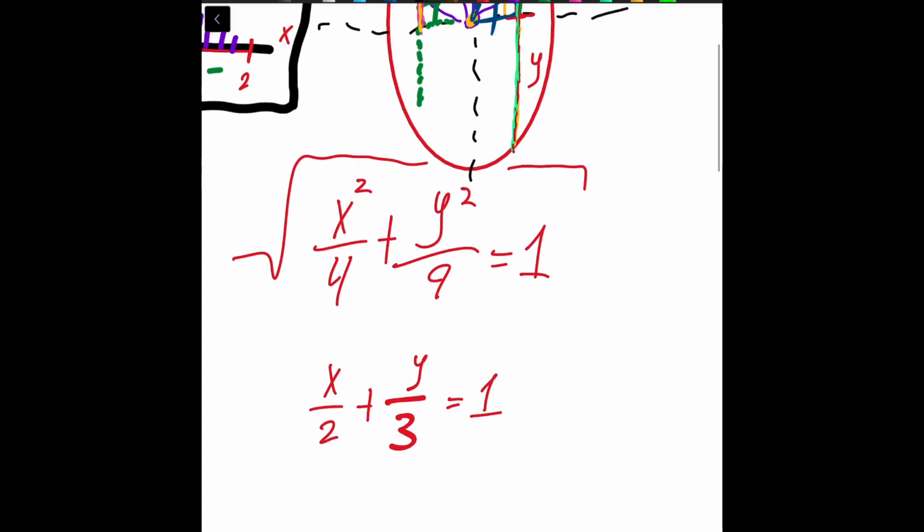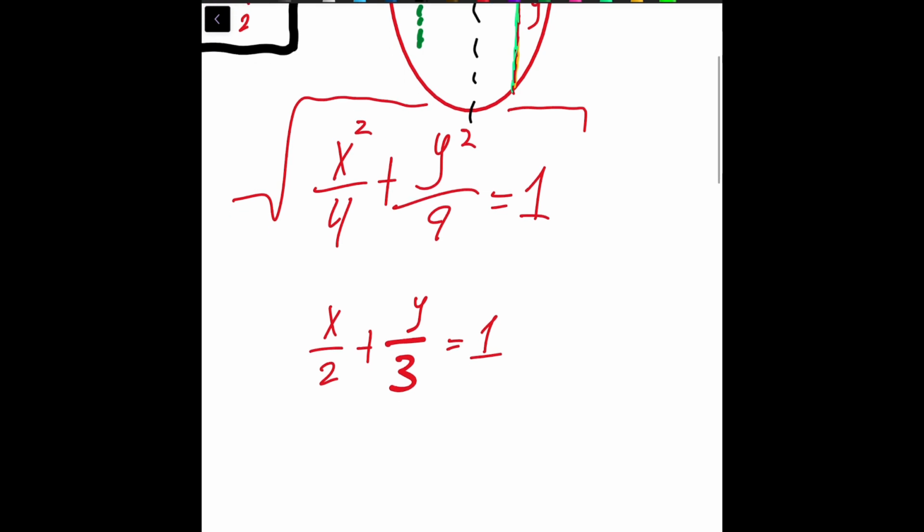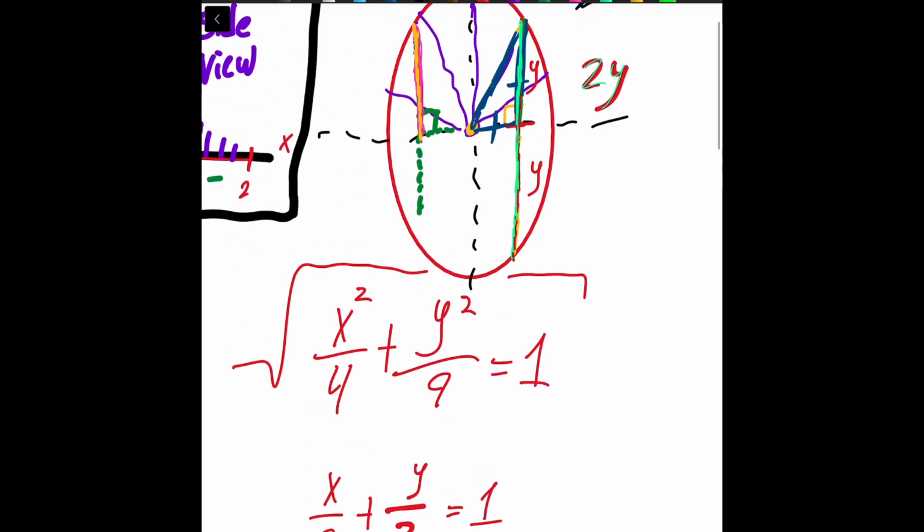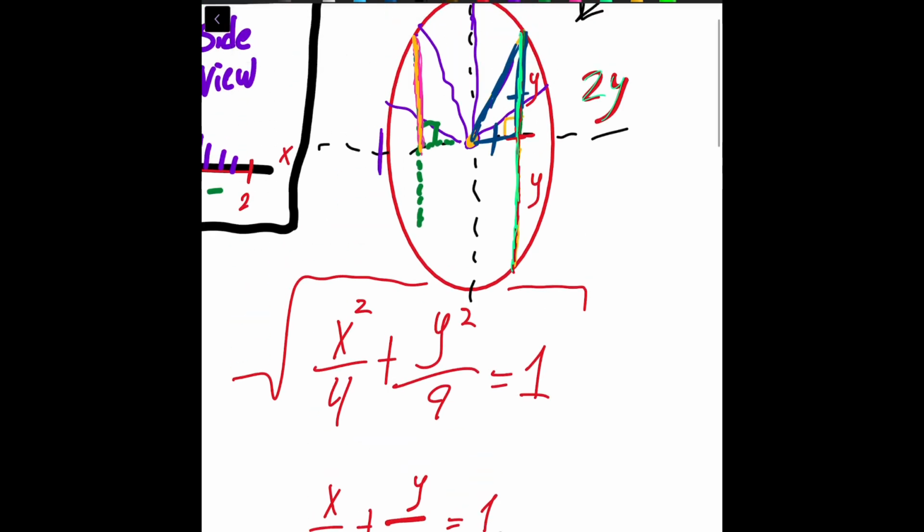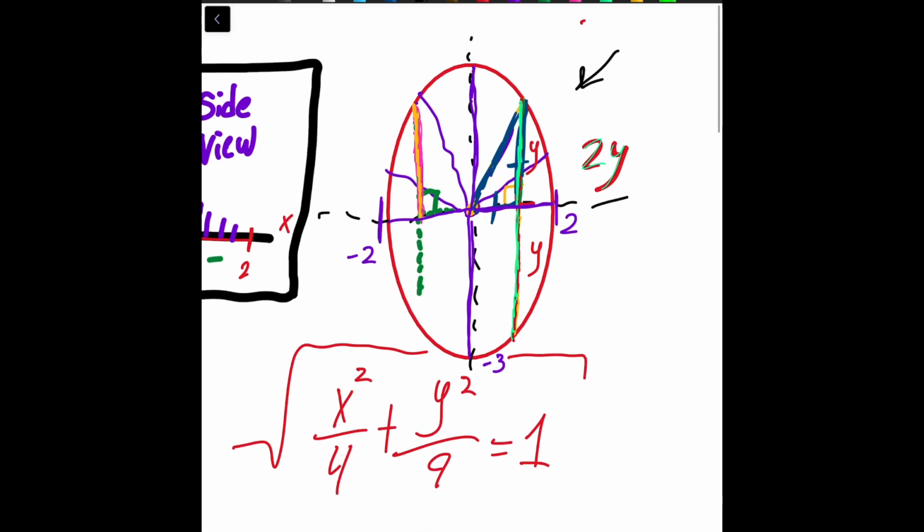This tells us that the width of our ellipse from here is 2, and from here is also 2, but in the negative, and then our y from the origin is -3 down here, and 3 up here.